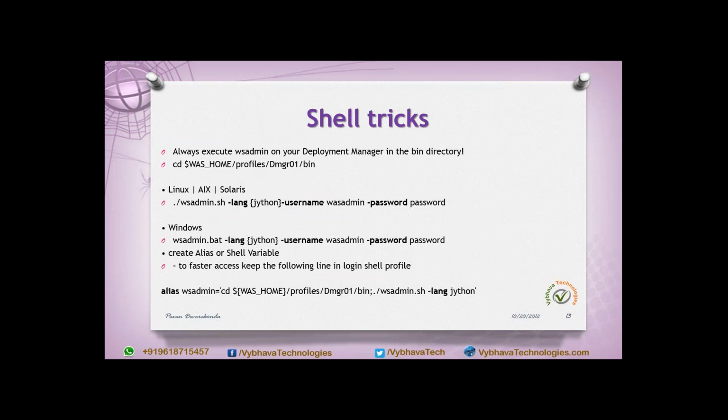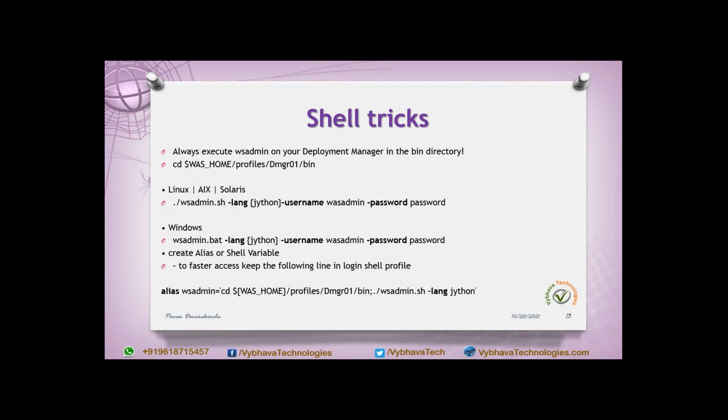If you have a Windows environment, we have to run .bat, and if you have Unix, AIX, or Solaris machines, then .sh. That is a common thing. Normally when we run wsadmin.sh or .bat, it looks for two different scripts again.